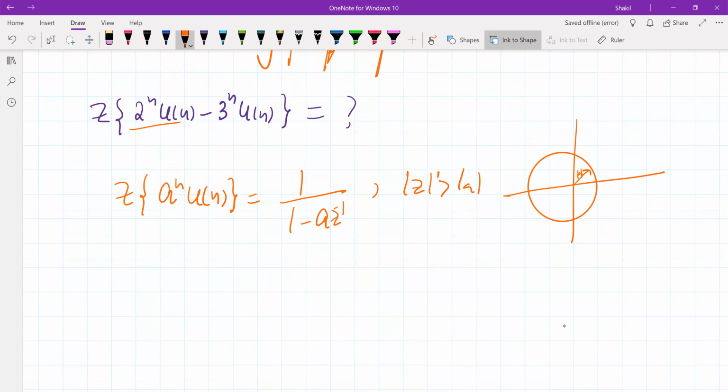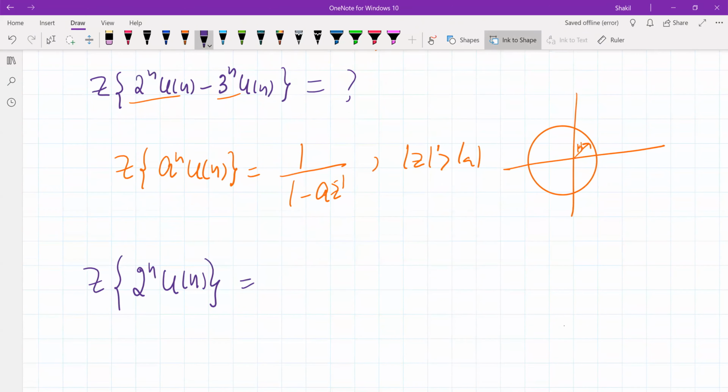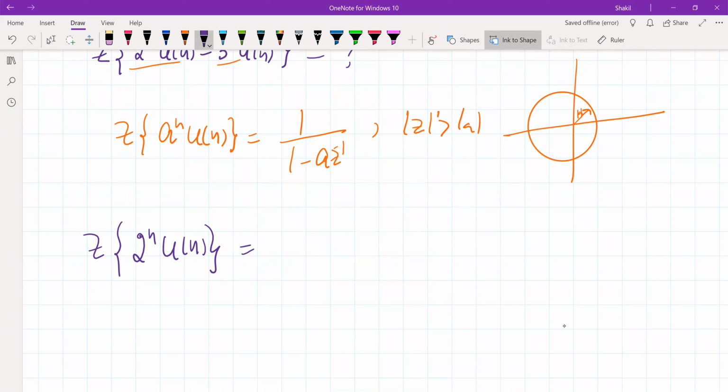Now instead of a we have 2 here and here we have 3. So substituting, we can write the Z transform of 2 raised to n u of n equal to 1 by 1 minus 2 Z inverse when magnitude of Z is greater than 2.